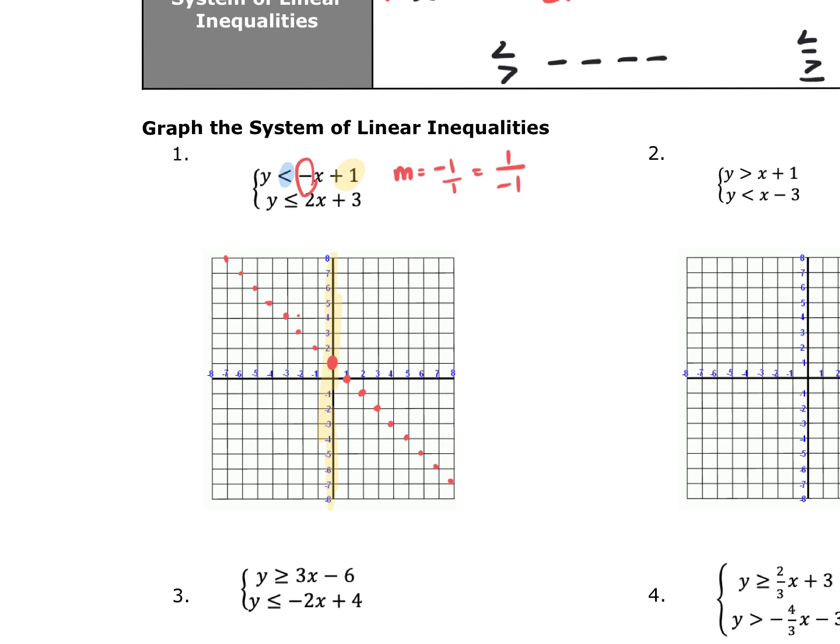When I look at that, I have to decide, am I going to use a dashed or a solid line? Because you don't have that solid line underneath, that doesn't have the equal to part, so we're just going to dash that one. So I'm going to go ahead and dash those. Okay, and I'm looking at the alligator mouth, and the alligator mouth is not eating the y, it's opening on the other side. So this one means it's less than.